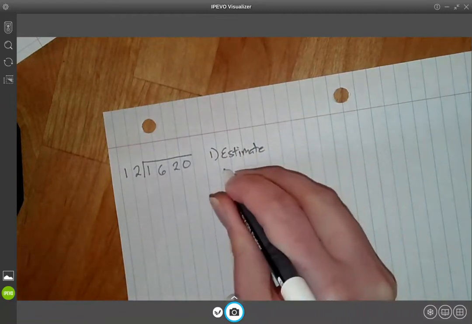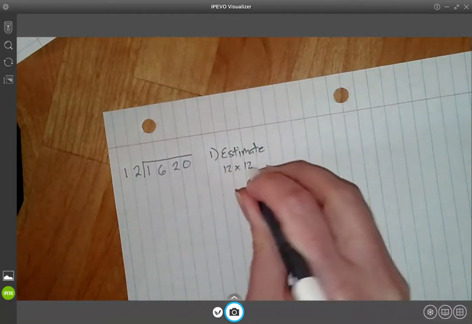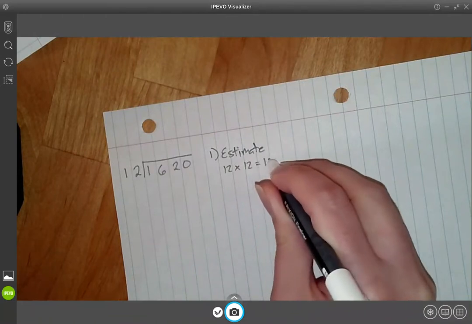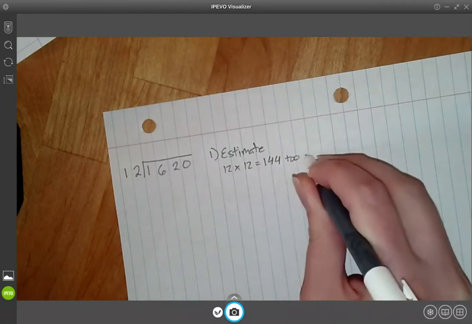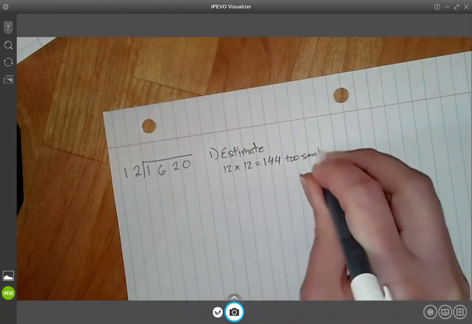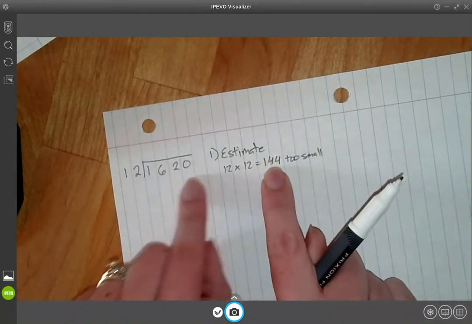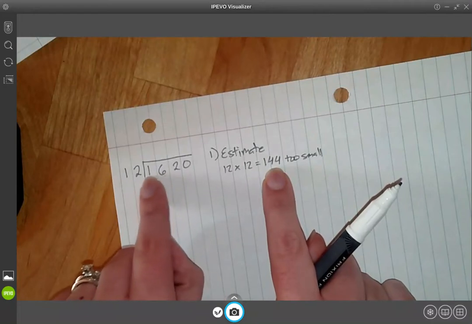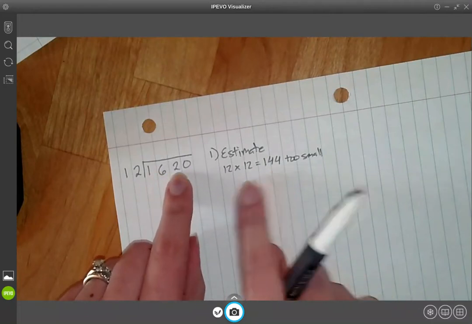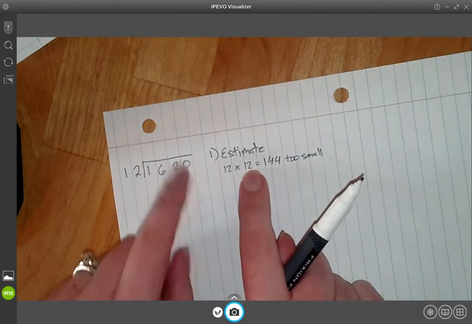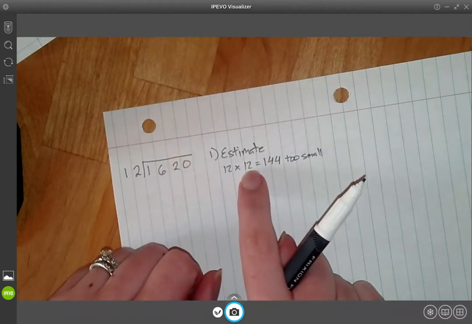And I know that 12 times 12, according to my multiplication table, is 144. And this is too small because 144 is still smaller than my dividend. All right. So I know that my quotient, my answer, is not going to be 12. It's going to be bigger.